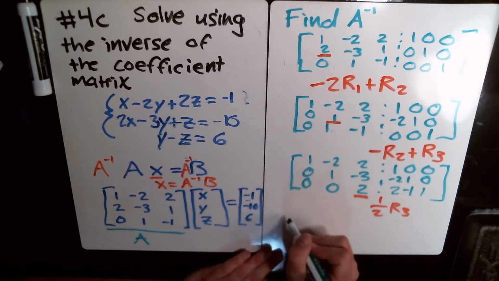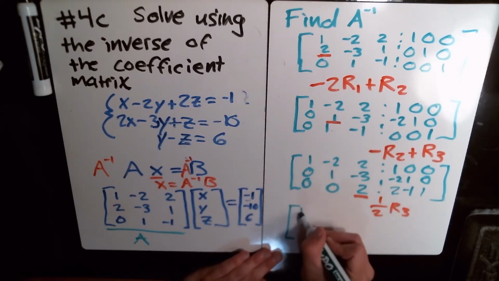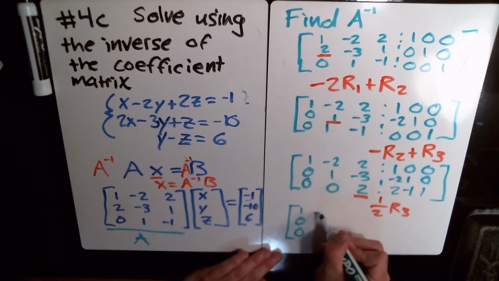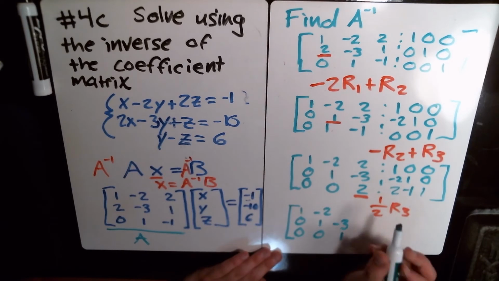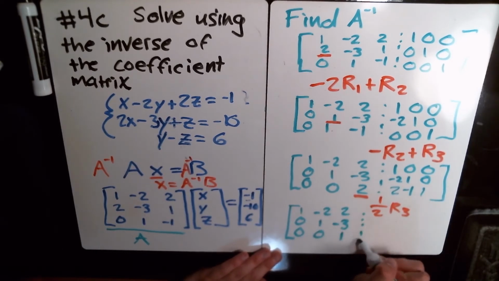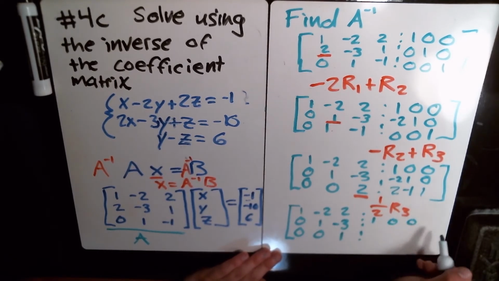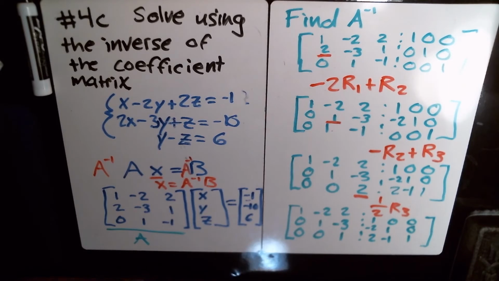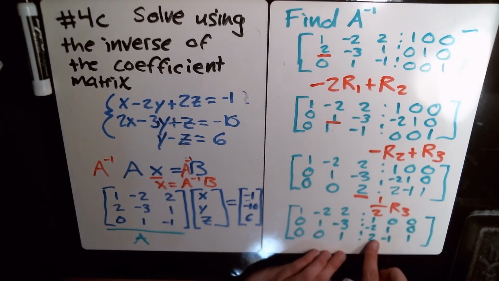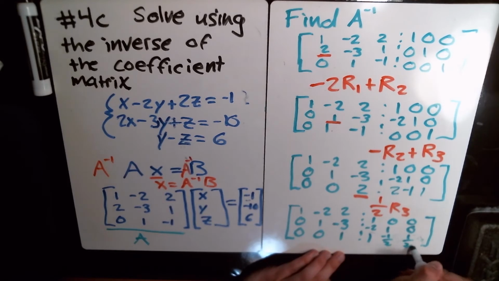And so we get 1, 0, 0, -2, 1, 0, 1, -3, 2. Oh, sorry. That all needs to get multiplied by 1/2, so we get 1, -1/2, and 1/2. Okay.